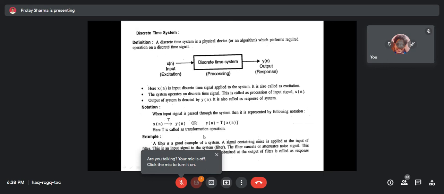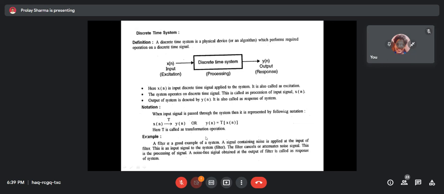What kind of transformation can it do? Many transformations we can do. One example is a filter. We have heard the term filter. A filter is basically a frequency selective network.